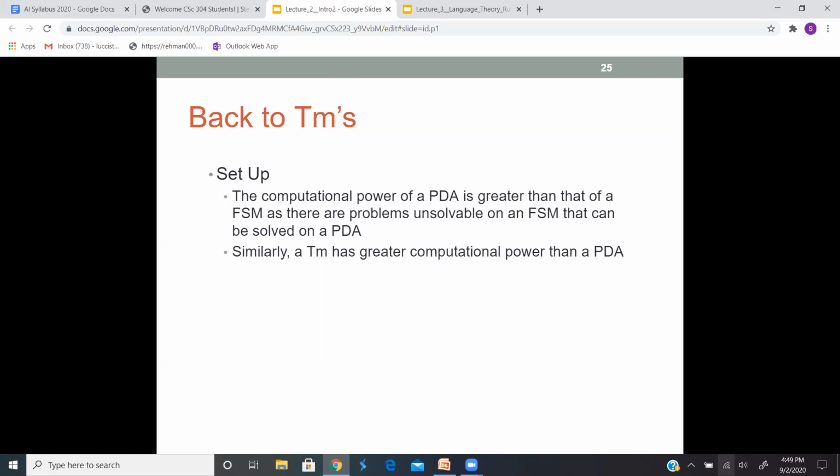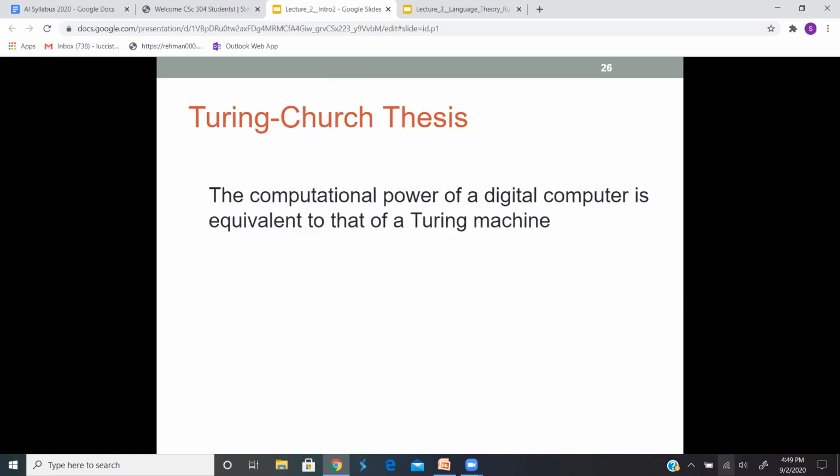All right, Anvin, click again. The Church-Turing thesis. This is sort of why we did all that. The computational power of a digital computer, not a Turing machine, not a theoretical model, the laptop that you use to make money if you lend out your skills.